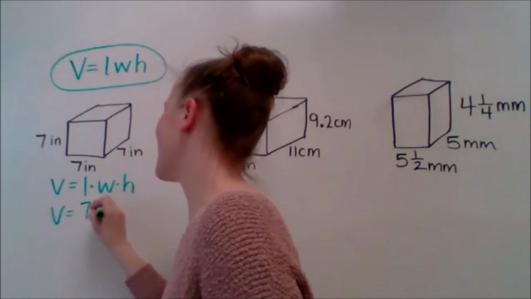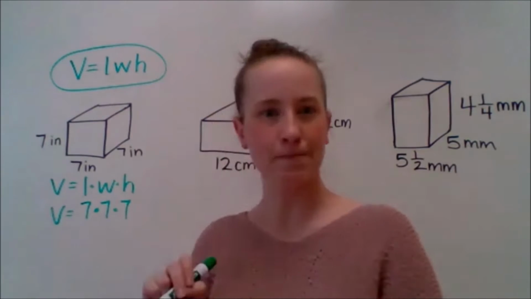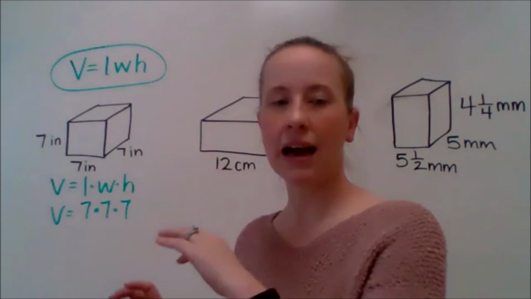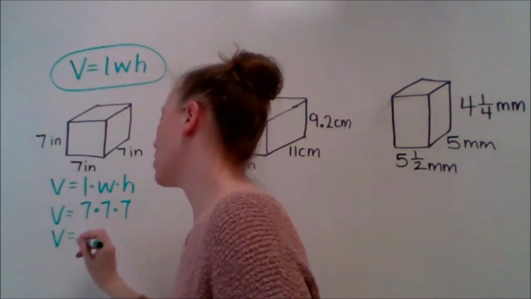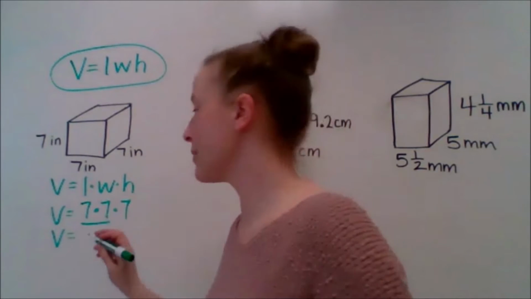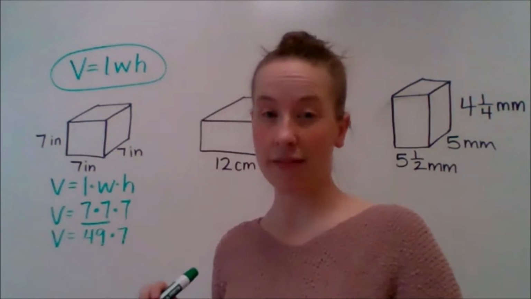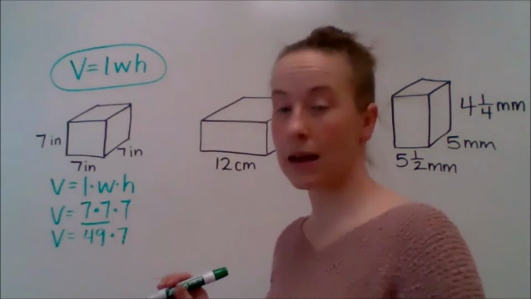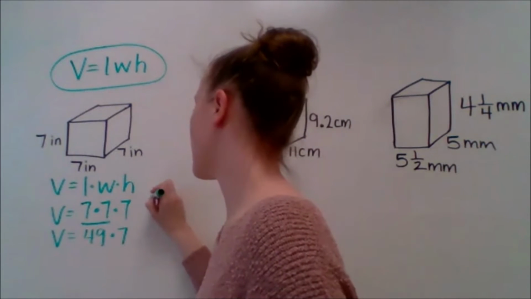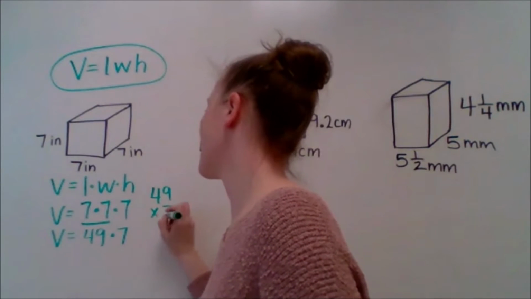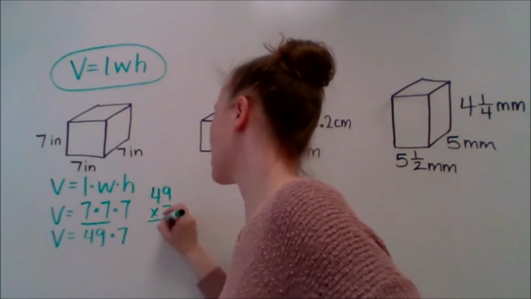So this will be 7 times 7 times 7. Now you can do this out, or you could check it on a calculator. I'm just going to solve what I know first. I know the first part, 7 times 7 is 49. I'm going to bring down the other times 7. Now I have to do 49 times 7. I don't know that, so I'm going to solve it off to the side. 49 times 7. 7 times 9 is 63.